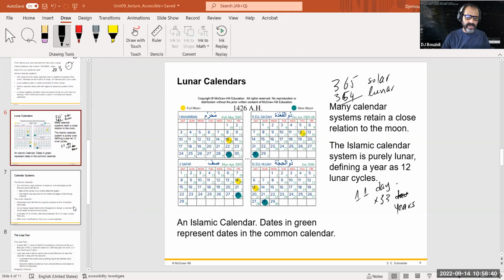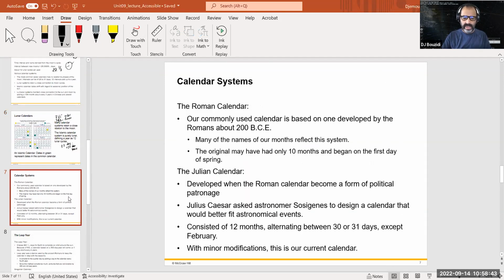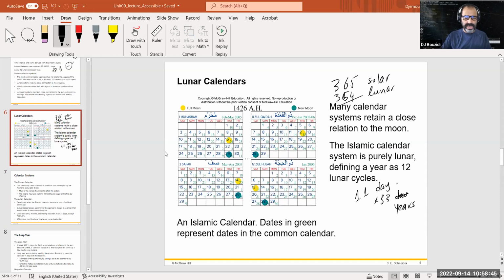Obviously, some cultures didn't like that very much. So what they decided to do is to combine the two and add a 13th month, excuse me, to fix the calendar. Those are the Jewish and the Chinese calendars. Okay, so they have a mixture of these two, so that the calendar doesn't rotate.